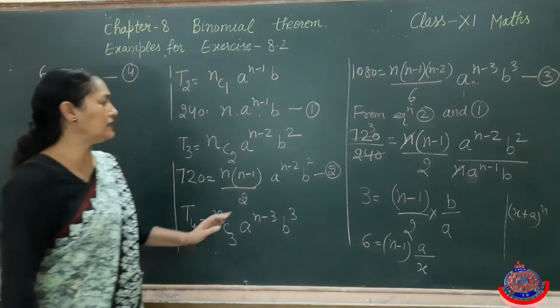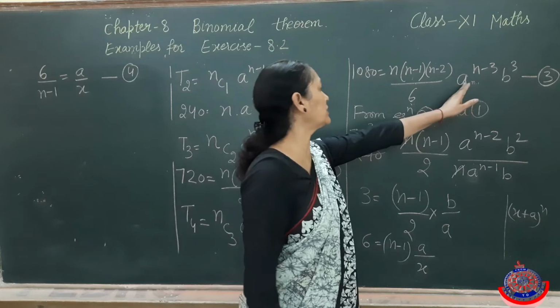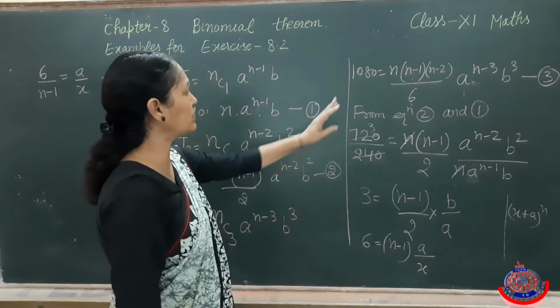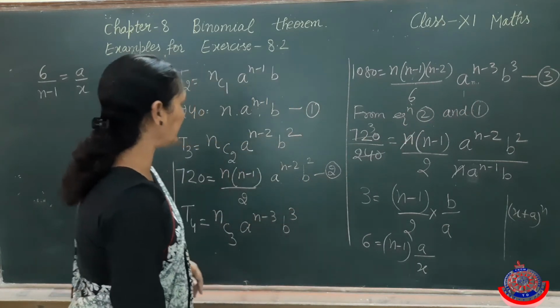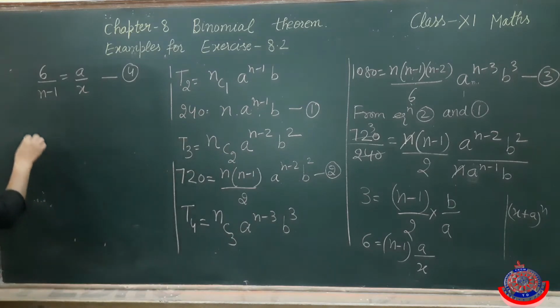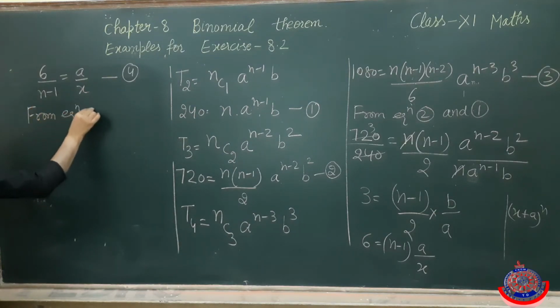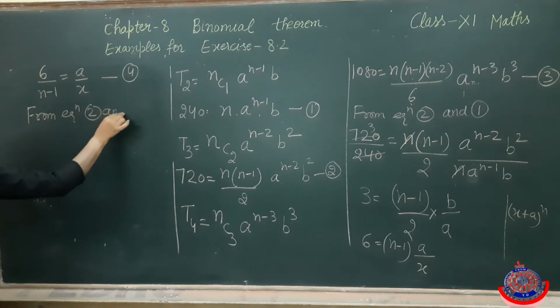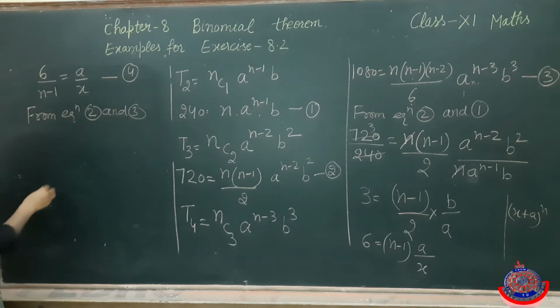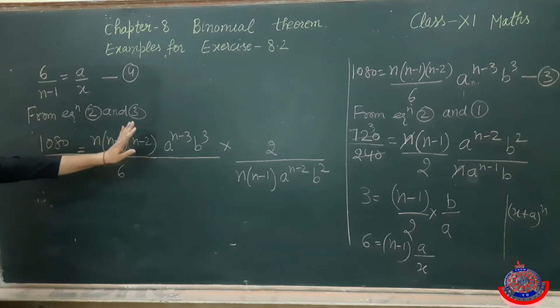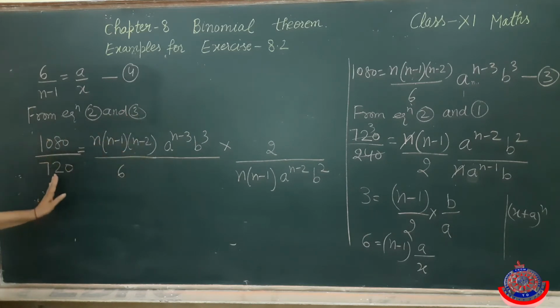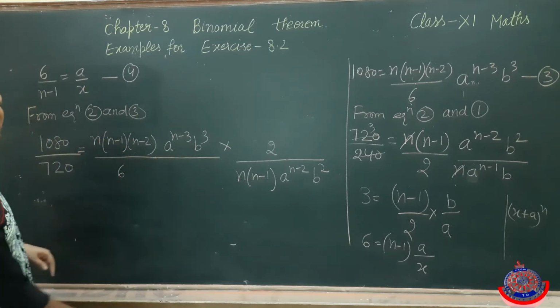Also, we can divide any two: either the third equation with the second or the third with the first, no problem. From equations second and third, dividing equation 3 by equation 2 we get an expression like this.